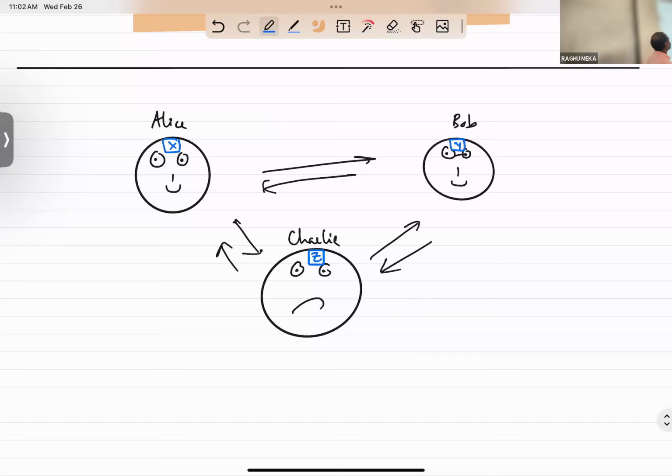What does this mean? Have you played this game before? Camping or something where you have some celebrity's name written on a card on your forehead, and you have to guess who that person is by asking questions to the others. So in some sense, you can see the other people's inputs, but not yours.